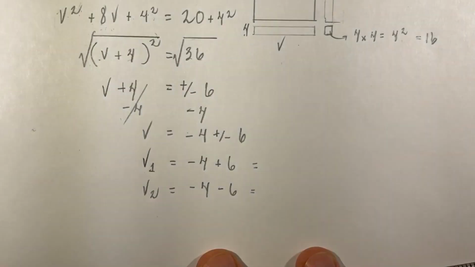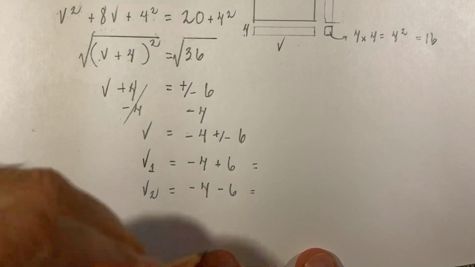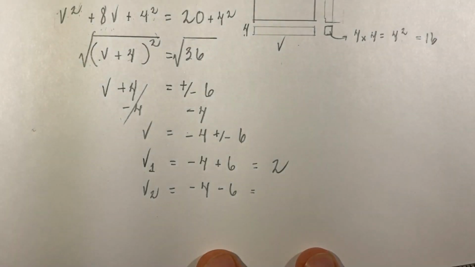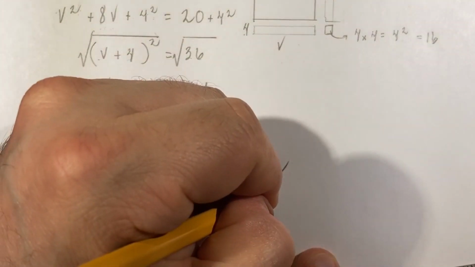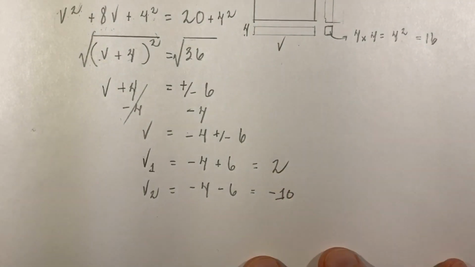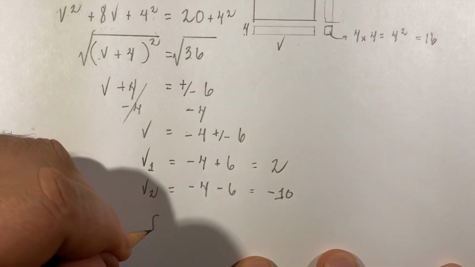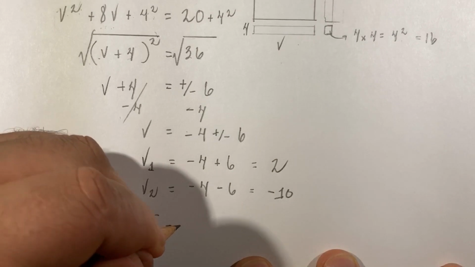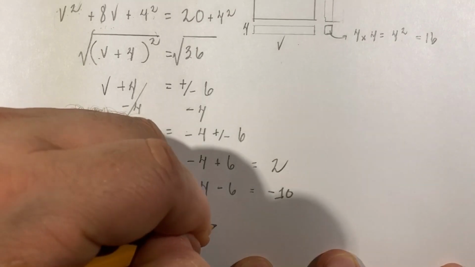So negative 4 plus 6 is positive 2. Negative 4 minus 6 is negative 10. And so your two solutions are 2 and negative 10, which you could write like this. Negative 10, comma, 2.